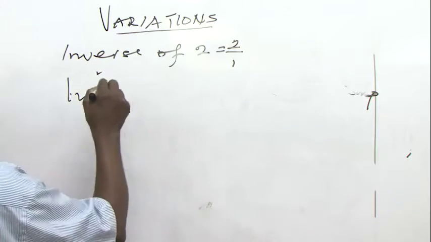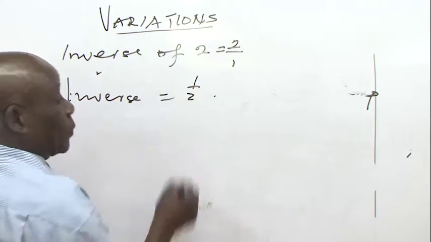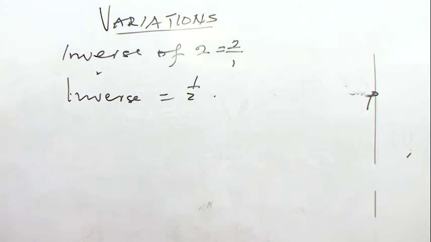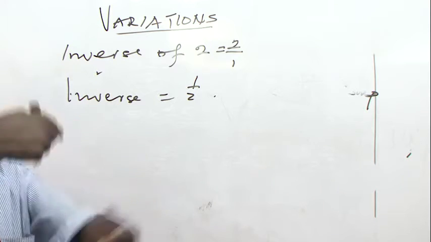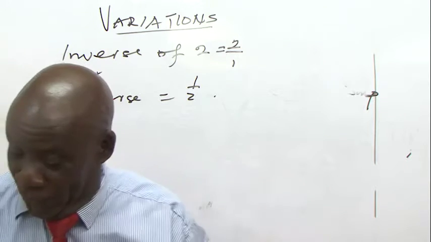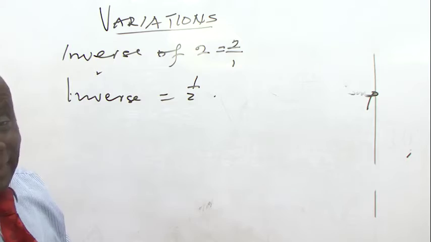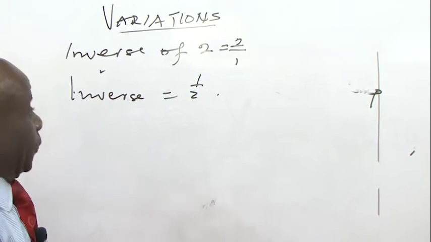When you invert it, it will be 1 over 2. The inverse of 3 over 2, when you invert it. The statement will be written like that, because the example I will give you from our textbook later will look exactly like that.